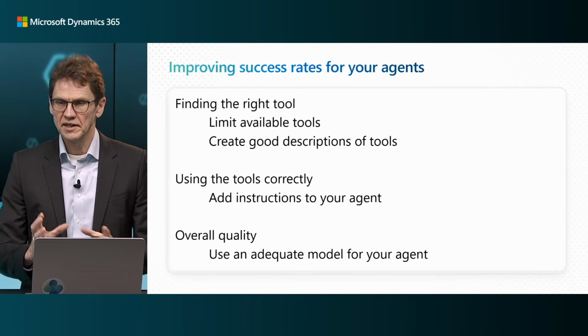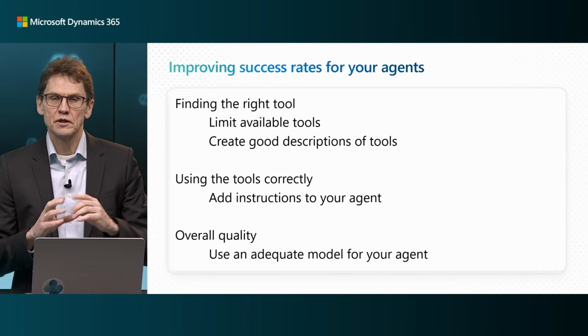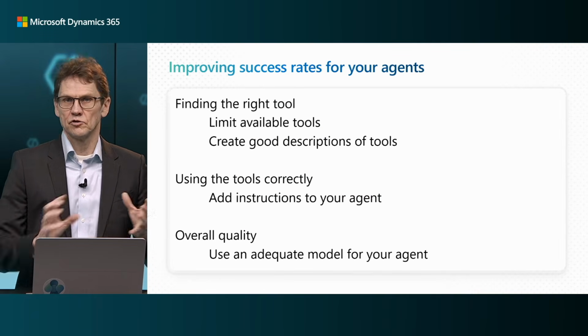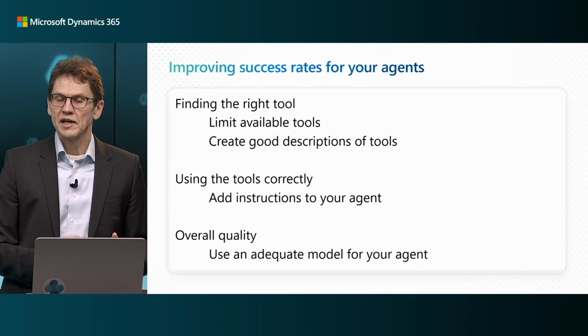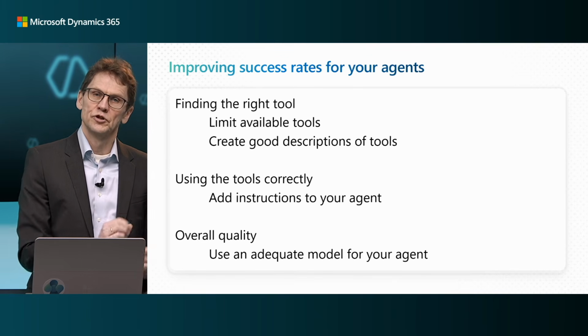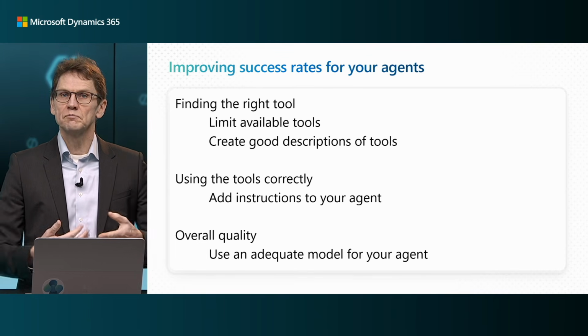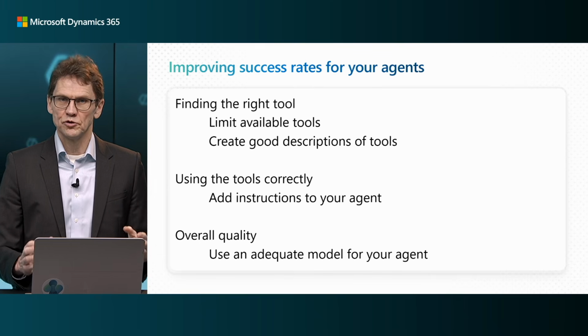Now also, in this video, we haven't talked that much about the instructions for your agent, because depending on the model, it may be good at OData constructs or not, or you might want to guide it towards certain tools. You can do this by adding instructions to your agent.